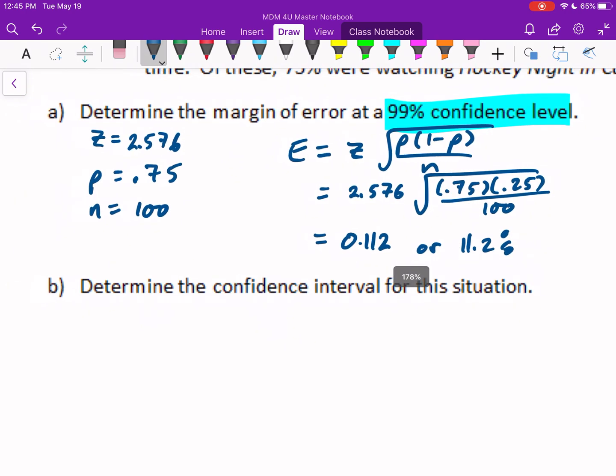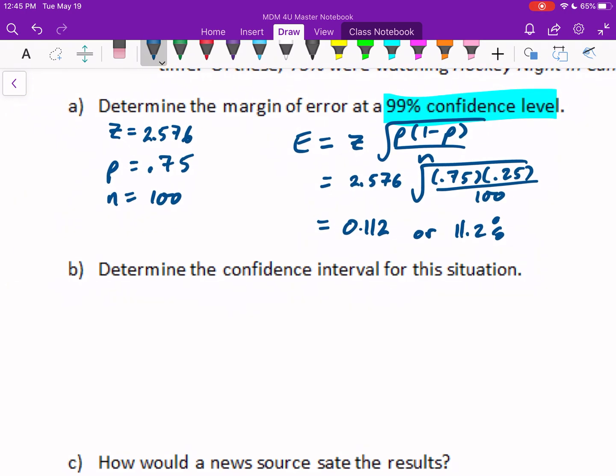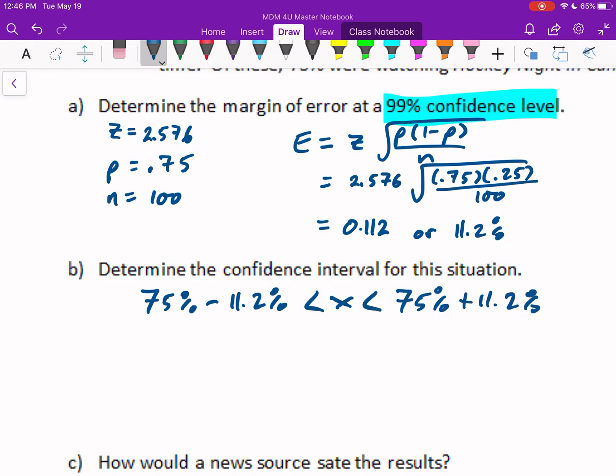So if we want to determine the confidence interval, it's going to be 75% minus 11.2% and 75% plus 11.2%. So 63.8% to 86.2%.